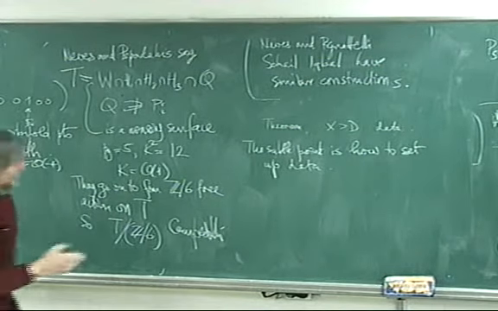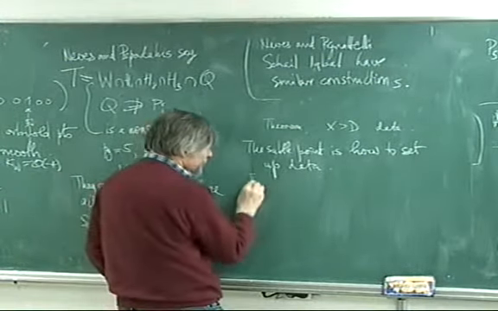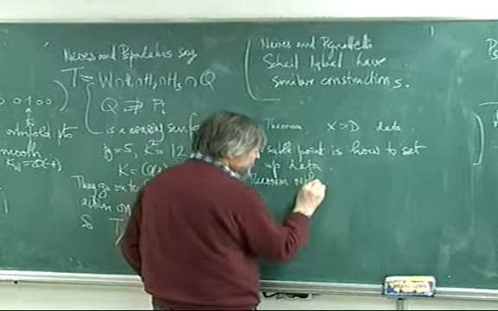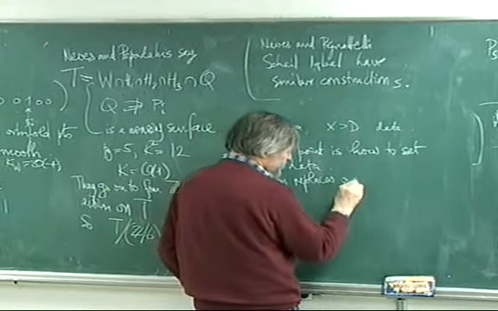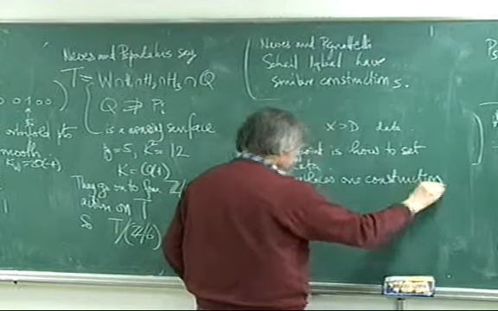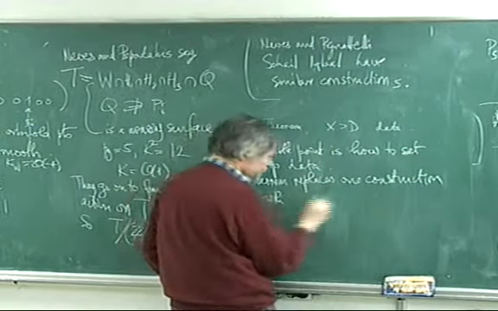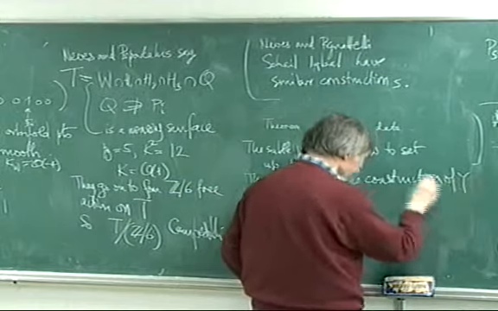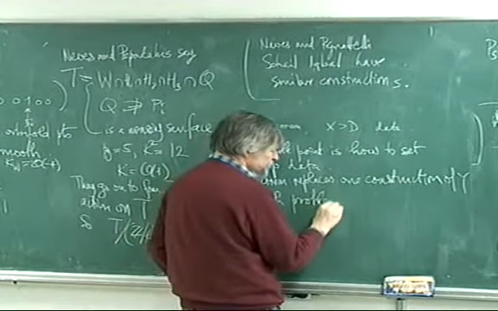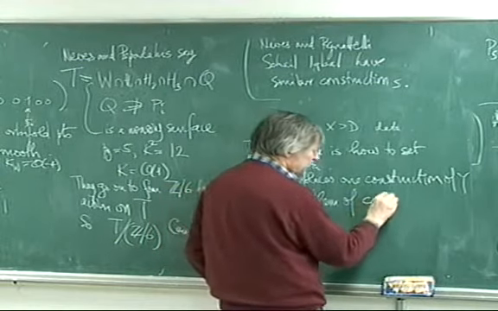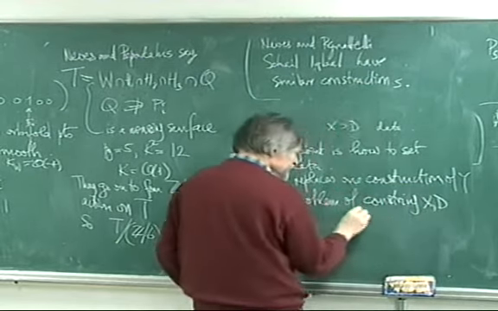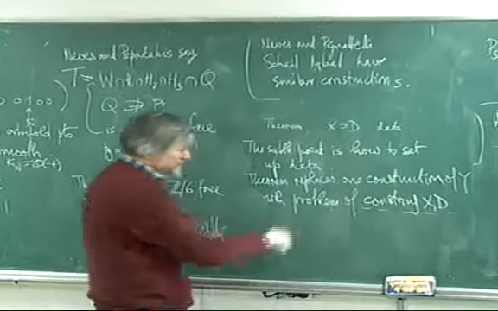And so the theorem replaces one construction with the construction of Y. So the problem of constructing Y becomes the problem of constructing X and D, and there's nothing easy about this.